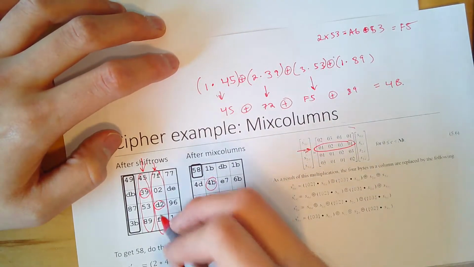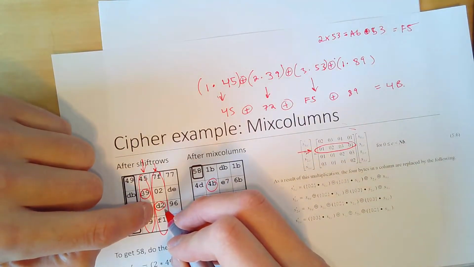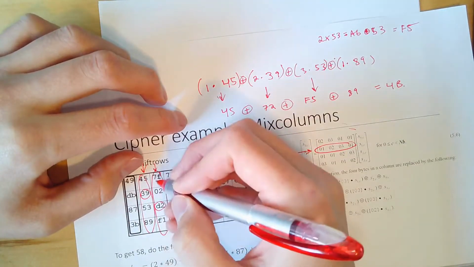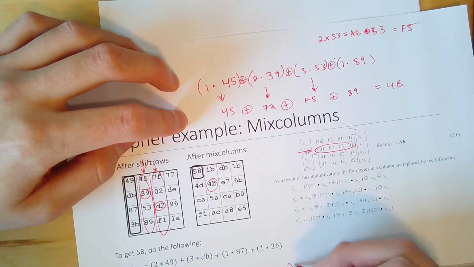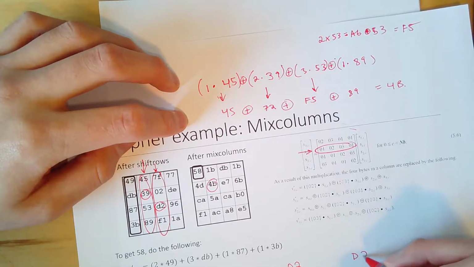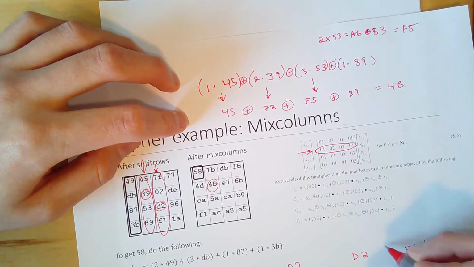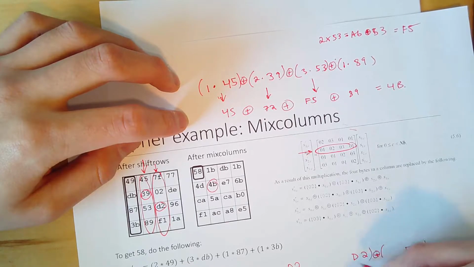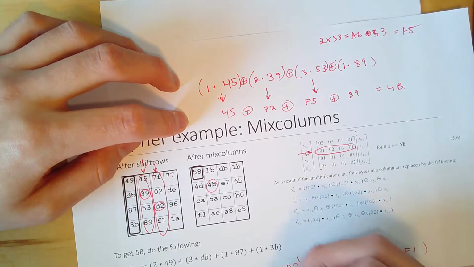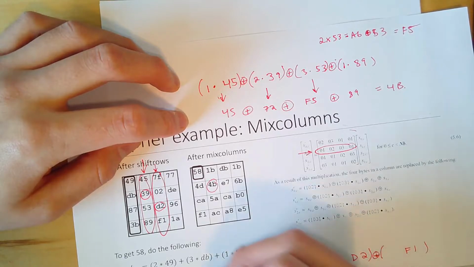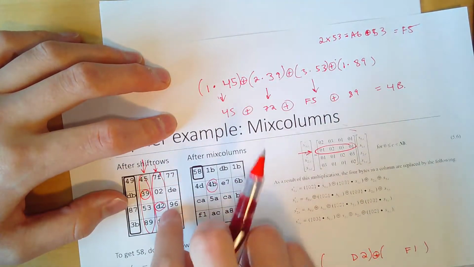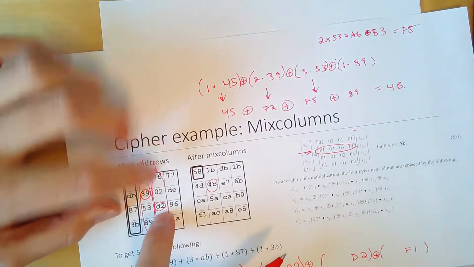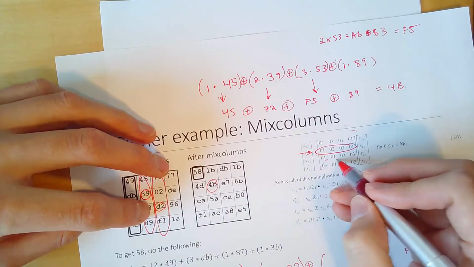Let's try another one. Let's try D2. Okay, D2 is in this column, so it's 7F, 02, D2, F1. So we have this column. It's the third column, and D2 is in the third row, so we're going to use 1, 1, 2, 3.